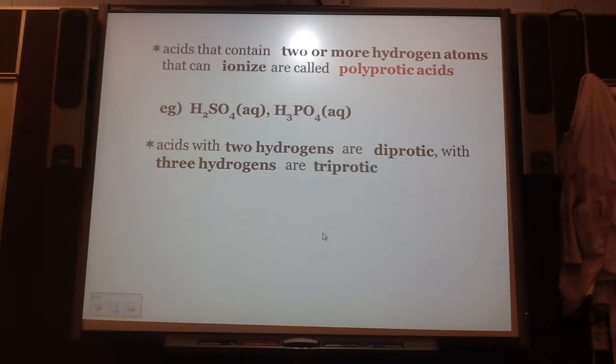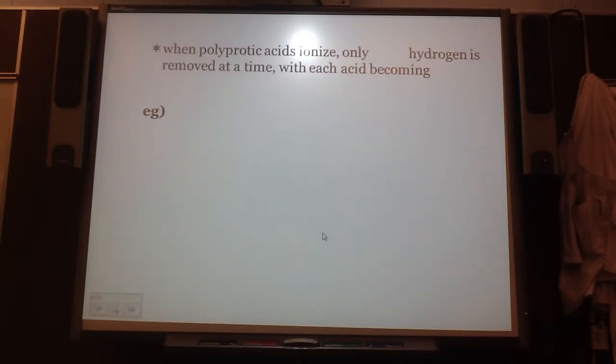Both are still called polyprotic though. It's just a type of polyprotic. When polyprotic acids ionize, only one hydrogen is removed at a time, with each acid becoming progressively weaker.